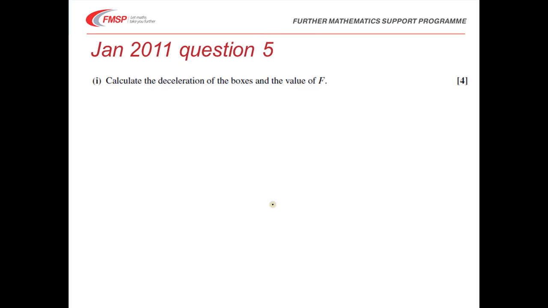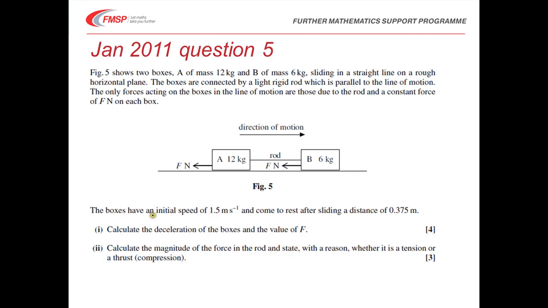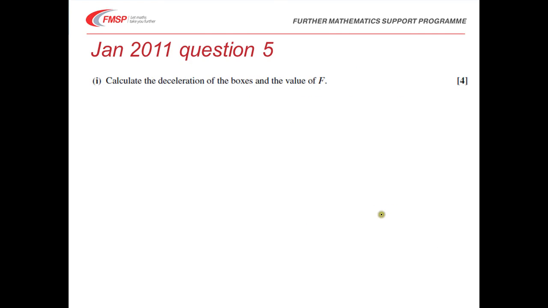We're told in the question that they have an initial speed of 1.5 and they come to rest after sliding 0.375 meters. So initial speed 1.5, they come to rest after a distance of 0.375 meters, and because we're going to be using Newton's second law, F equals ma, we need to know the acceleration of the system.